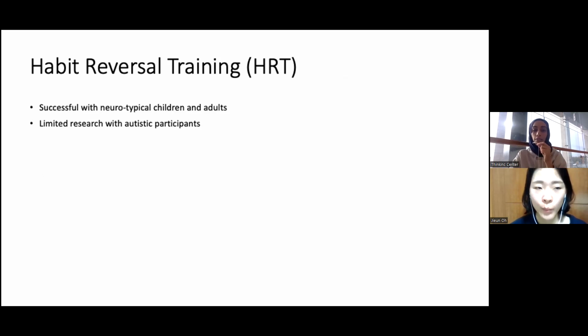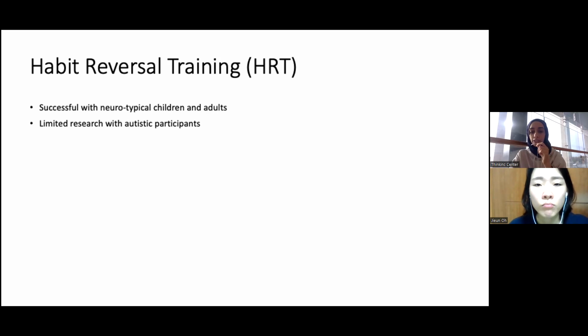So the simplified version of the habit reversal training has been successful with neurotypical children and adults. But there has been limited research with autistic participants. So its use with children and adults with intellectual disabilities and autism has not been well established.